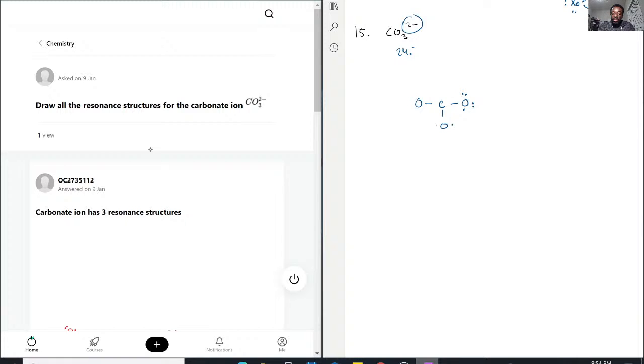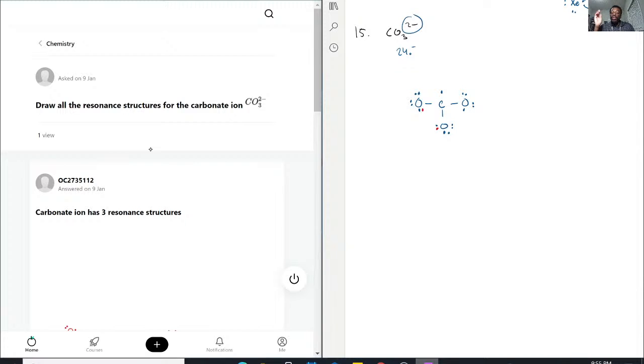Same thing here, 2, 3, 4, 5, 6, 2, 3, 4, 5, 6. Carbon right now is sharing 3 of its 4, so we need a 4th one right there. Now I'm going to add the 2 extra electrons, 1 right here and 1 right there, just to fill in those 2 octets.